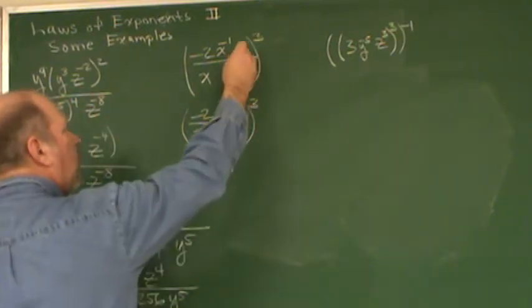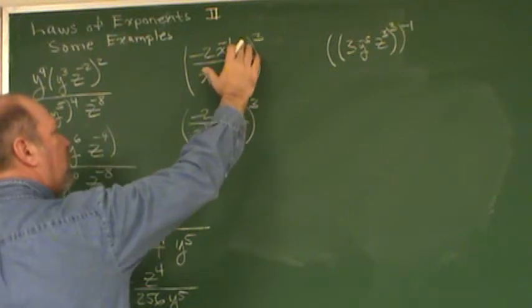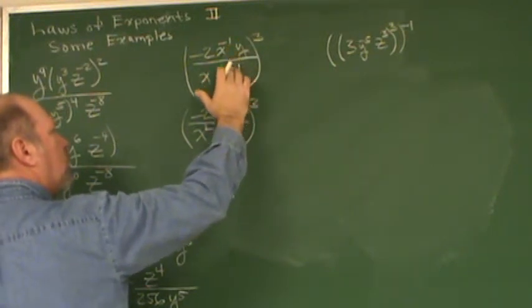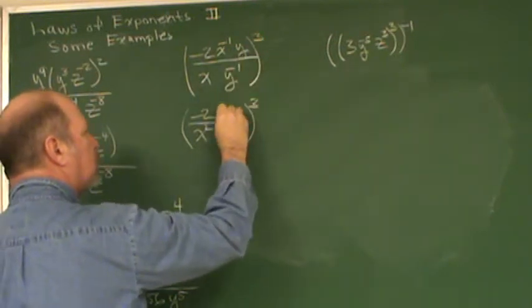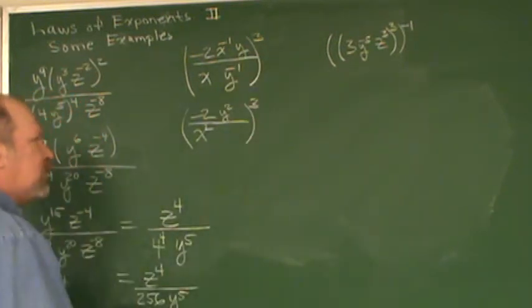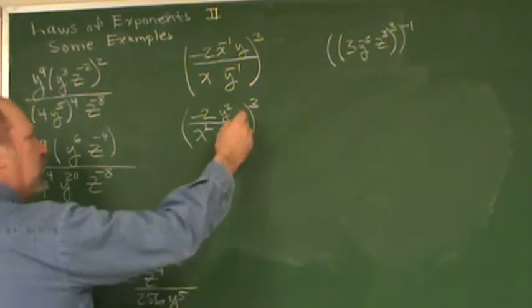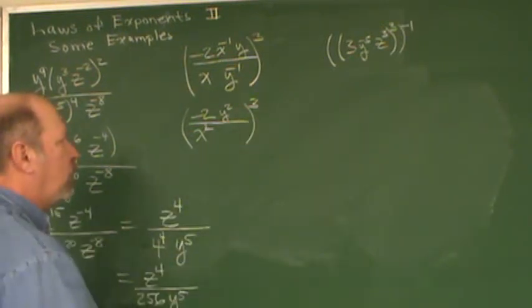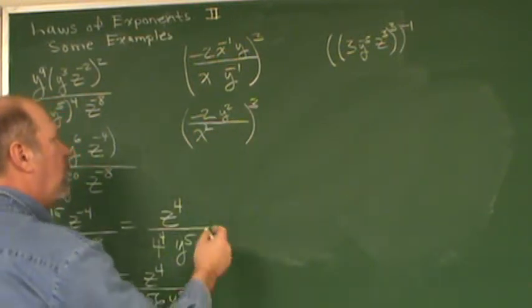Same type of deal with y over y to the negative 1. You could think of this as y to the first minus a minus 1, or you could take this y upstairs. You have y times y, that gives you y squared. So that's about as simple as we can make what's inside the parentheses. Now we're ready to take care of this 3. This means you multiply this 3 times every exponent inside.